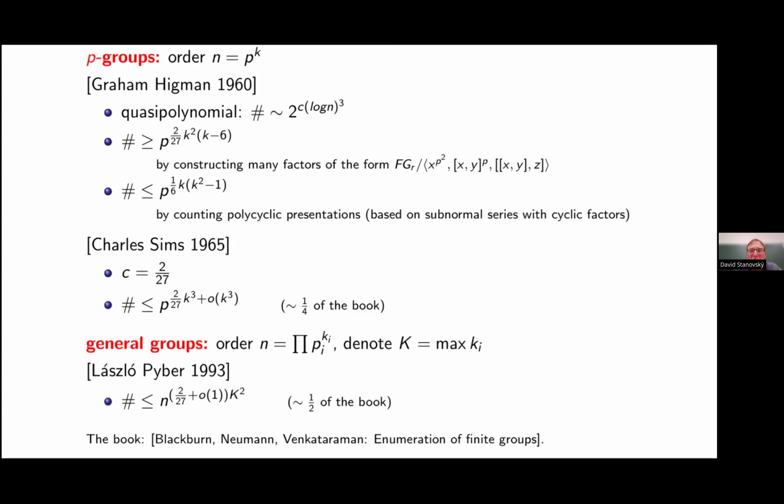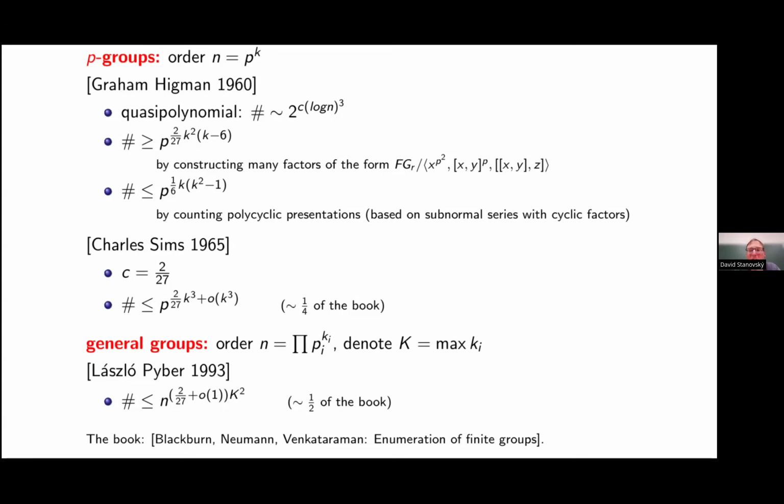He had to construct a lot of p-groups, and he found a particular construction taking a free group and factorizing over a subgroup generated by certain powers and commutators of a particular type. In his construction, there are some parameters like the number of generators.